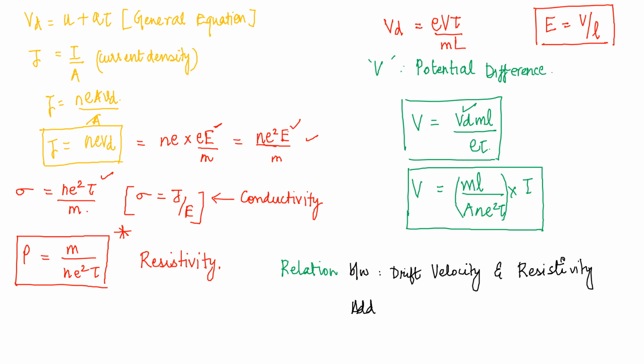Additionally, in this lecture we have found the potential difference across the length of the conductor and sigma, that is conductivity. So this is an extremely important relation.